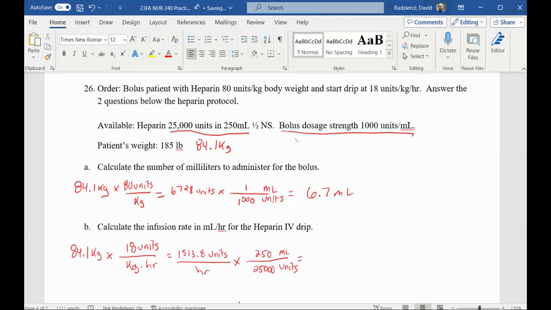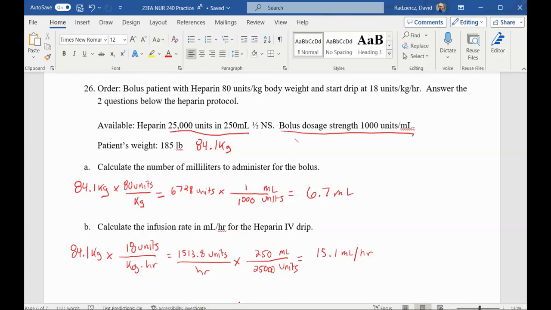And then you're going to get 15.1 milliliters per hour. You technically get 15.138, but you're going to round it to the nearest tenth. Your final answer rounds to the nearest tenth.